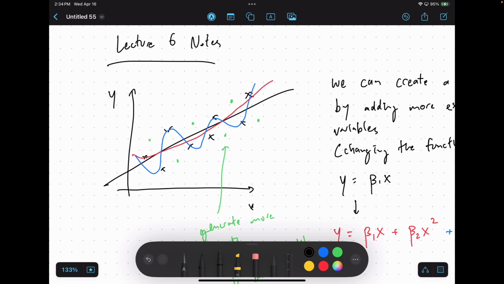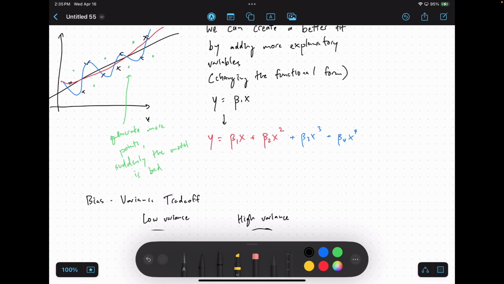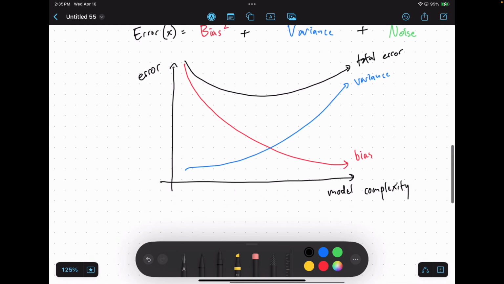And that's the variance component, okay? So we want to figure out essentially the best squiggliness of the line to get to in order to be at our optimal error. We want to be at the lowest point of the total error. Okay?